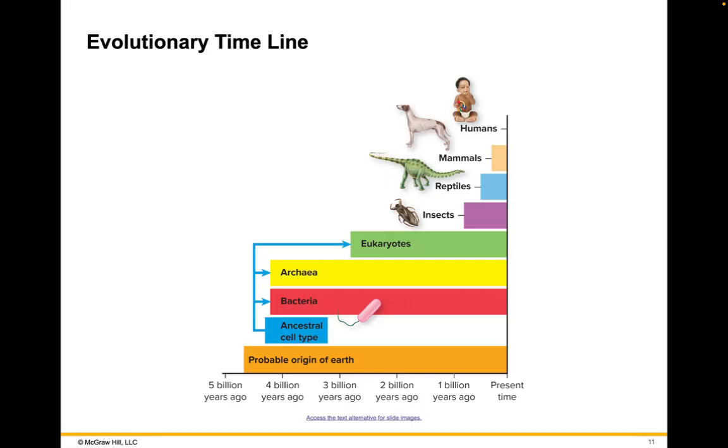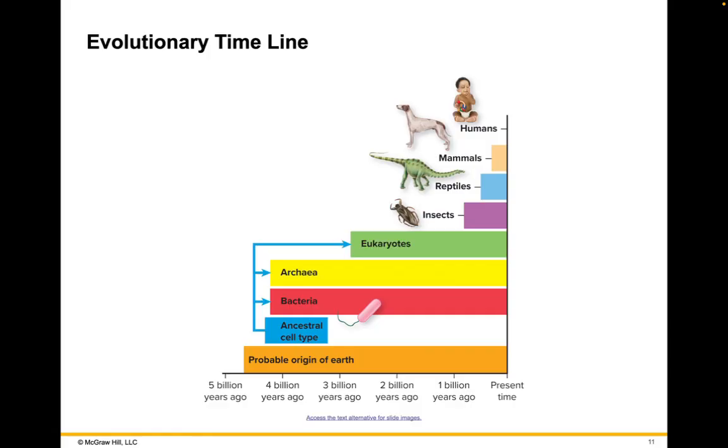Now remember, both of those are prokaryotes, because if you'll notice, they were on the scene way before eukaryotes. So prokaryotes are your archaea and bacteria, and that just means they don't have a nucleus.